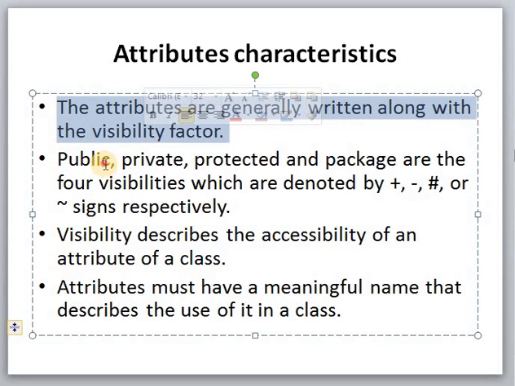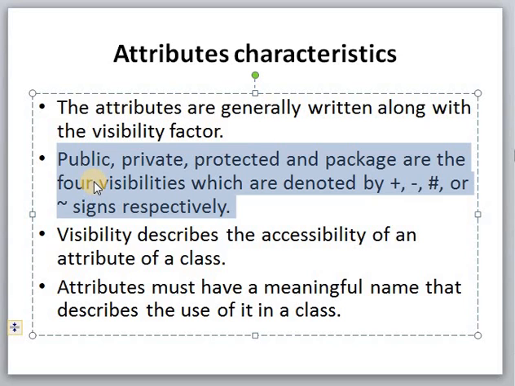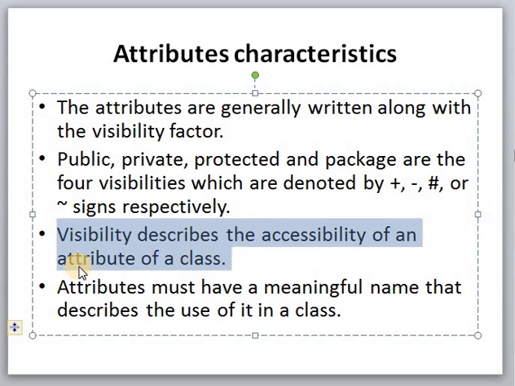The visibility factors can be the private, the public, the protected, and the package by using different notations or symbols respectively. The visibility describes the accessibility of an attribute of a class.